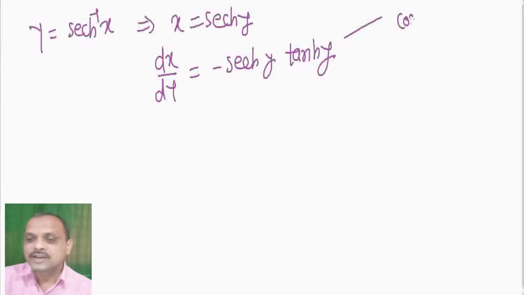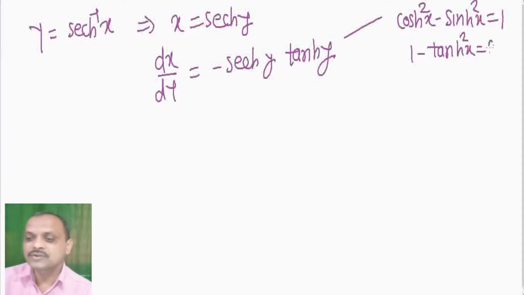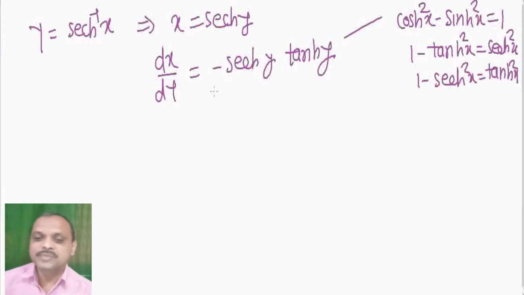Okay, so again use the identity cosh square x minus sinh square x equal to 1. Now dividing by cosh square, we have 1 minus tanh square x equal to sech square x. This gives us 1 minus sech square x equal to tanh square x, interchanging these two terms. So here we replace this value: minus sech y into under root of 1 minus sech square y.